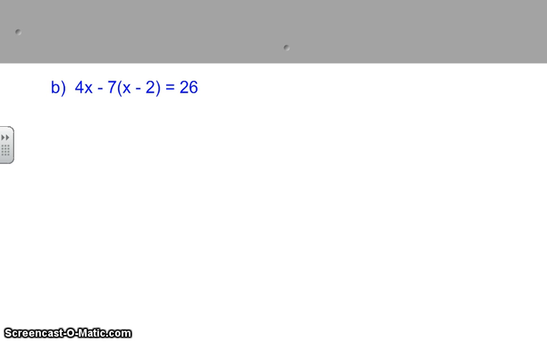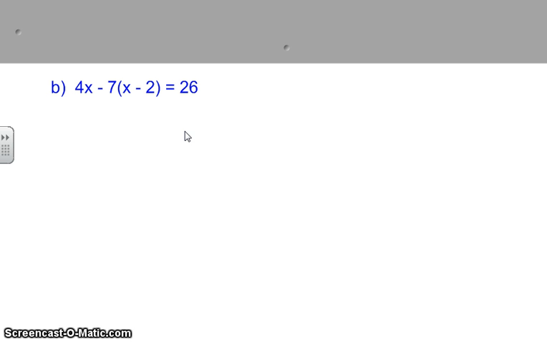In example B, there's something a little bit different going on. So look at this. It's a little more complex. What will we do first? Pause the video, give it a try, and come on back. Okay, so we see this parentheses, and what is inside of the parentheses is x minus 2. Those are unlike terms, so we cannot combine x minus 2. So we see a negative 7 outside the parentheses, right?